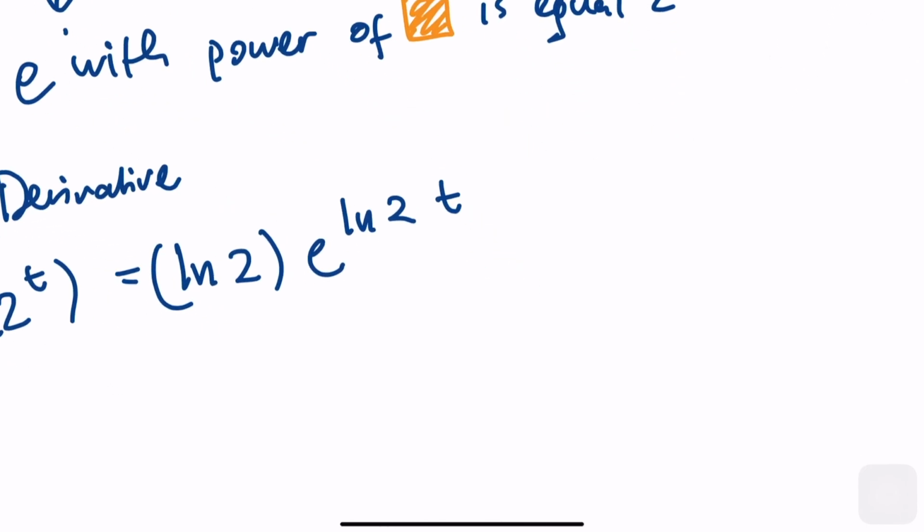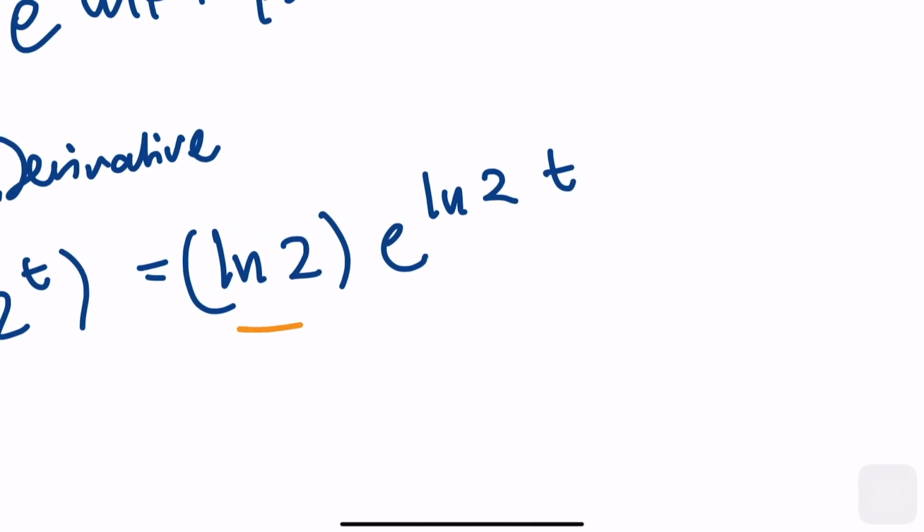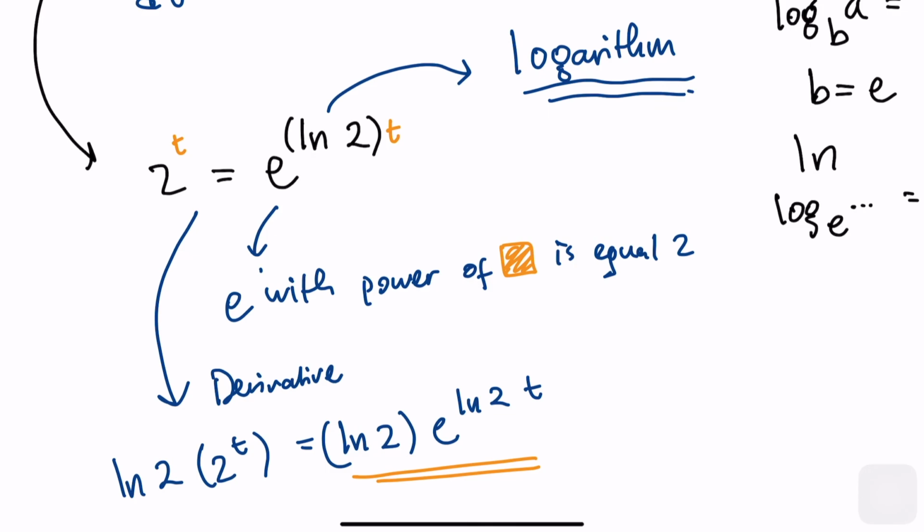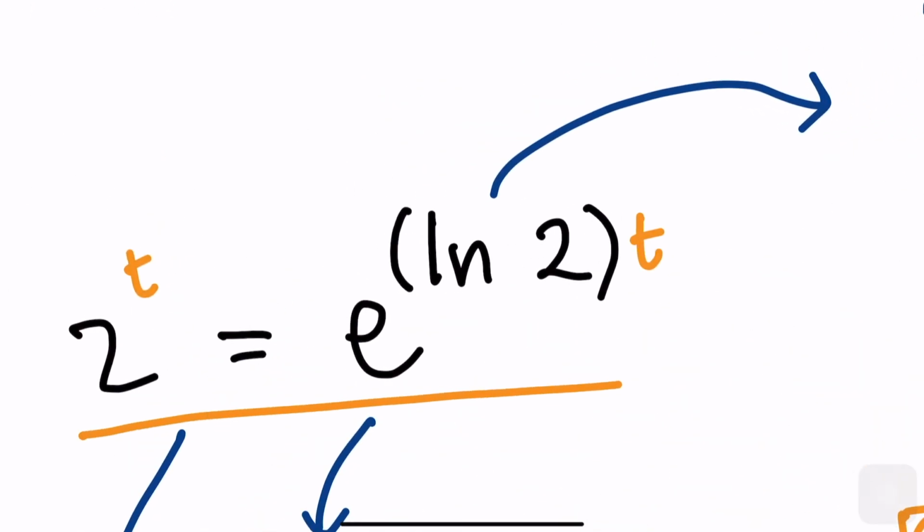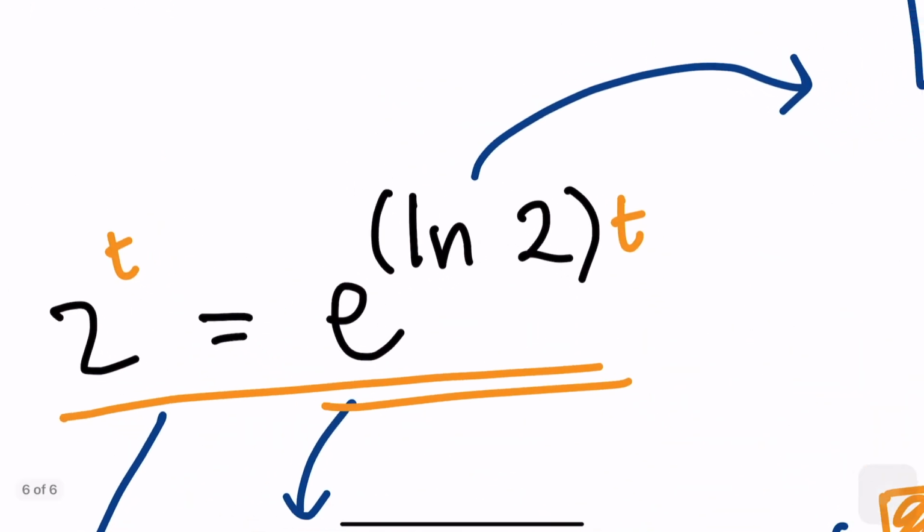You can also think of it this way: you can write 2 to the power of t as e to the t ln 2.